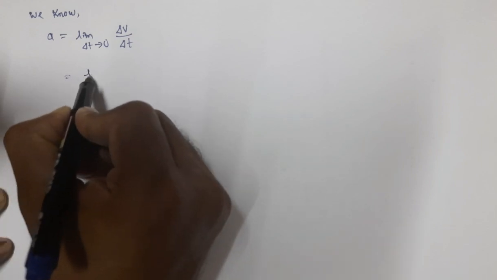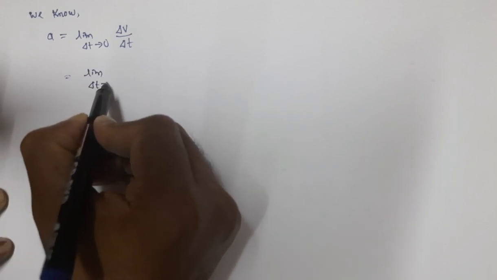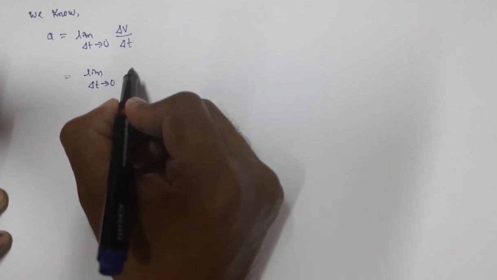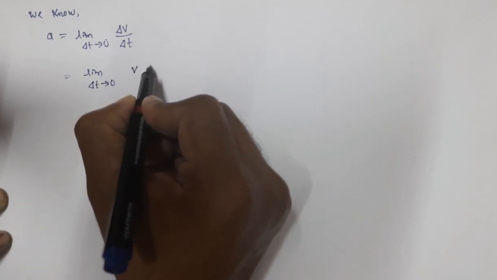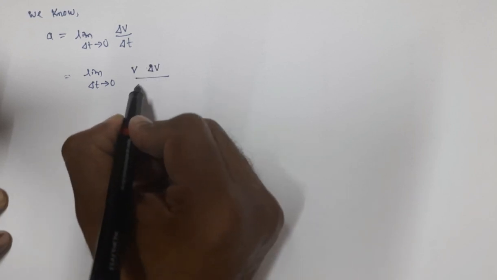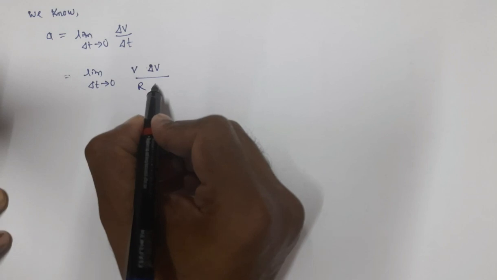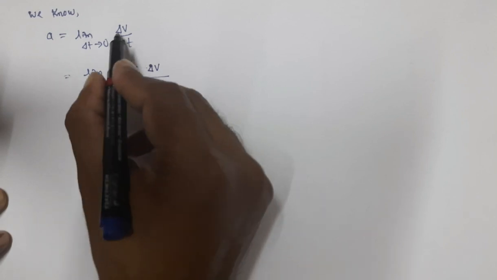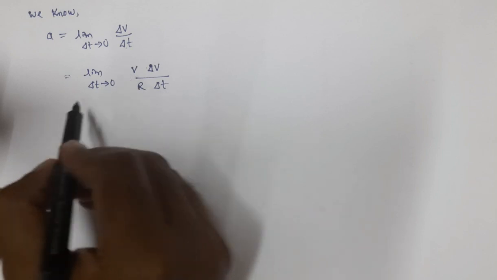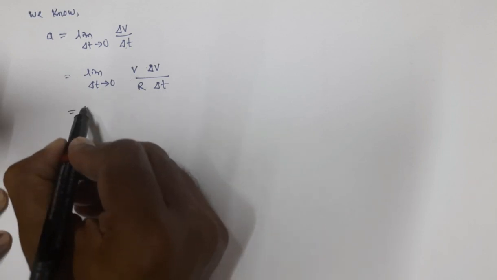So we apply limit delta t tends to 0, V into delta R by R is already there. Now we need to write delta t. For this delta V we are writing V into delta R by R. For delta t we are writing delta t. Now V by R, bring this V by R out.